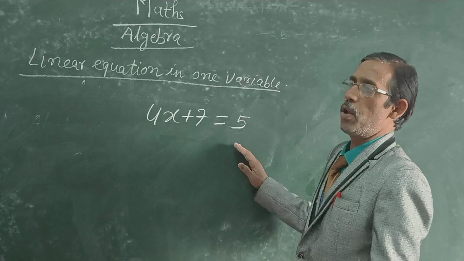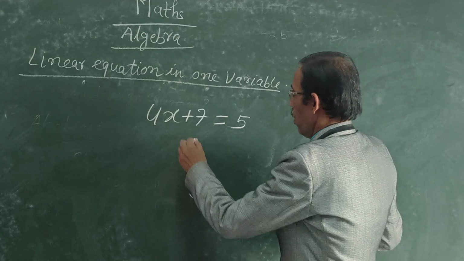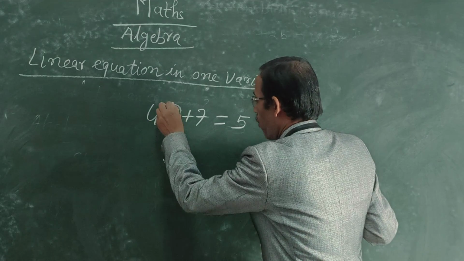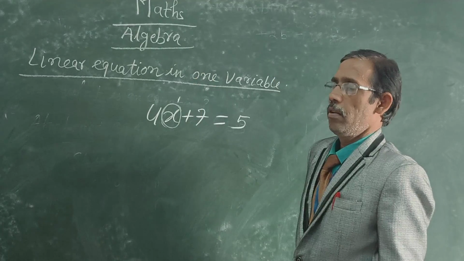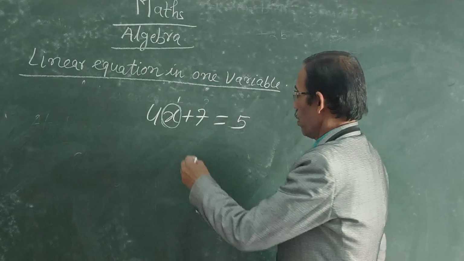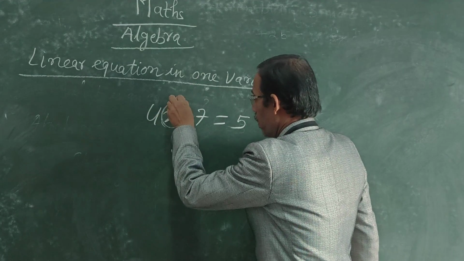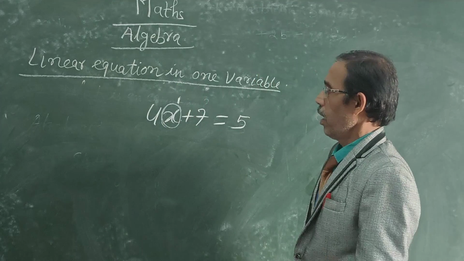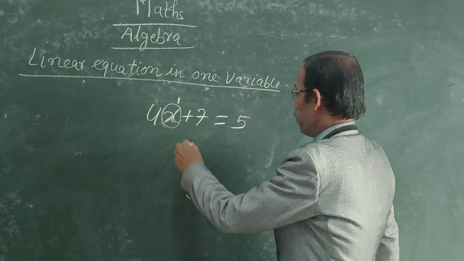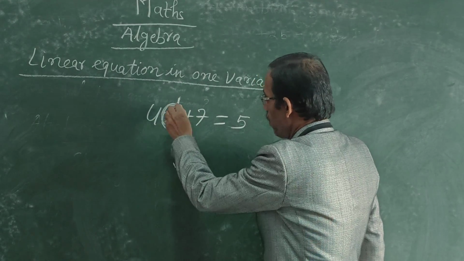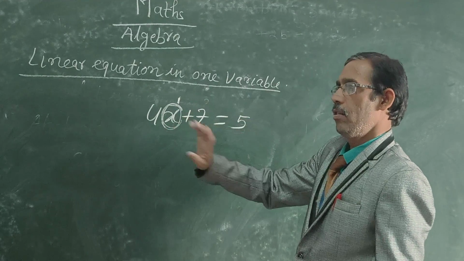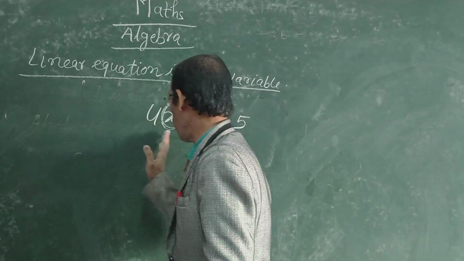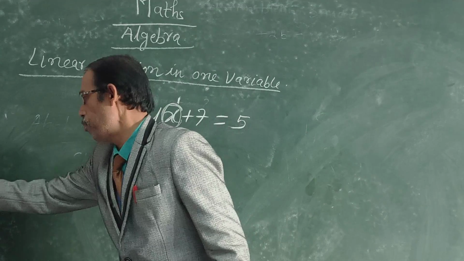It is called a simple equation because the power of the unknown is 1, and this variable, this unknown, does not appear in the denominator. So this is called a simple equation.